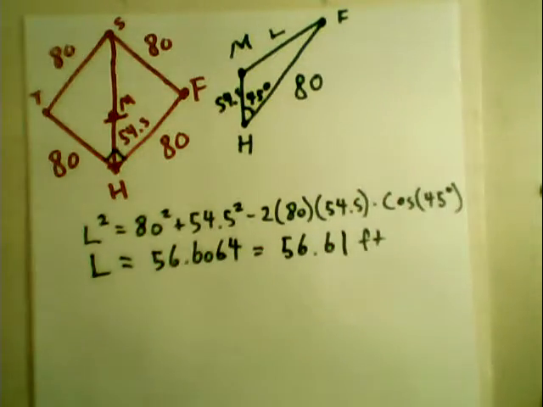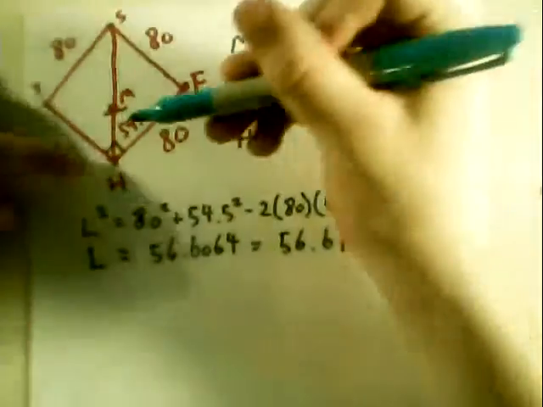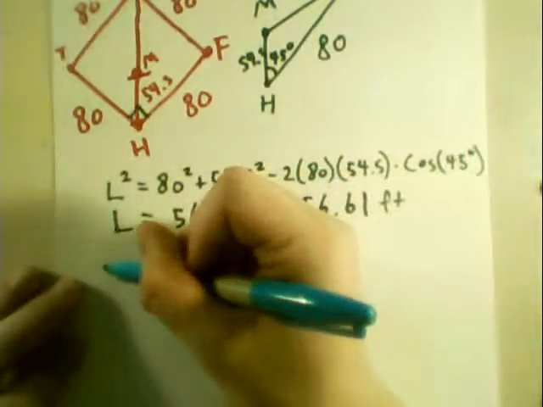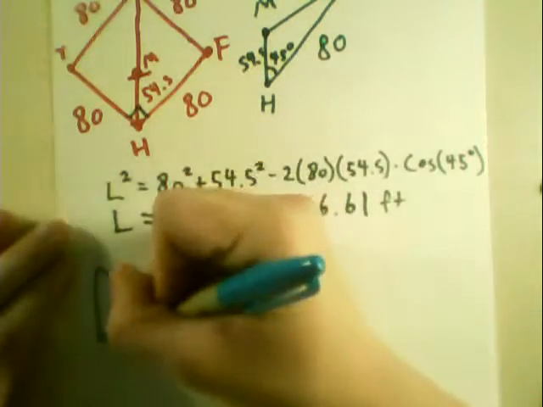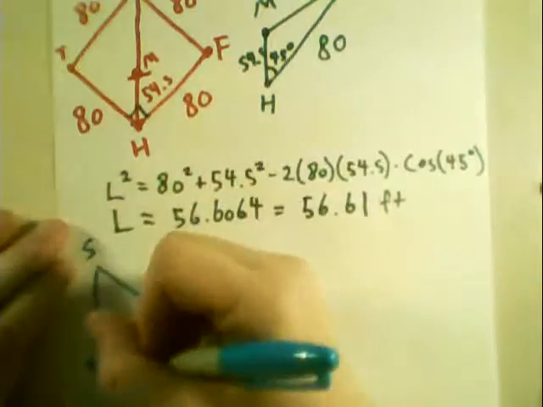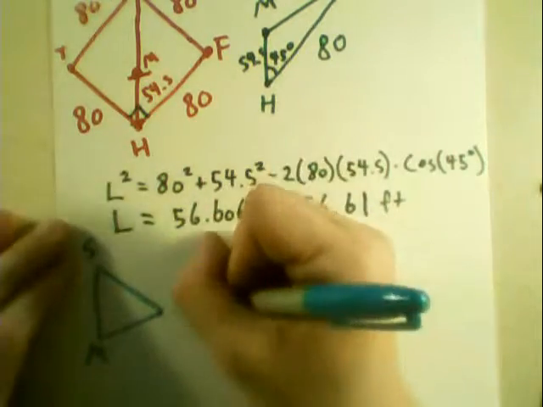Okay, so now the second thing that it went on to ask is the distance from the pitching rubber or mound to second base. So let me draw another triangle. It's this back half. Here's second, here's the mound, here's first.